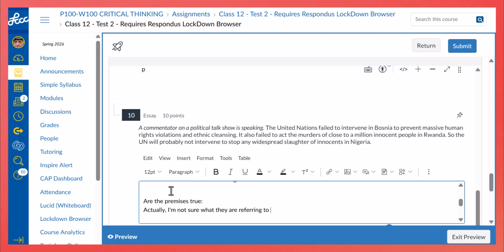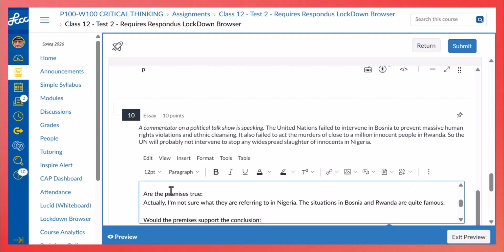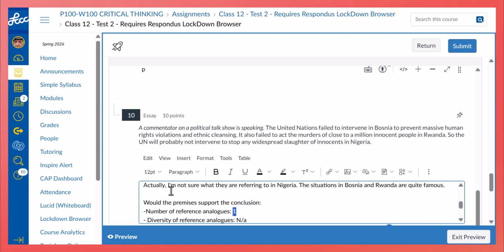Referring to Nigeria, the situations in Bosnia and Rwanda were famous. Bosnia and Rwanda are quite famous. So now we have a number of reference analogs.